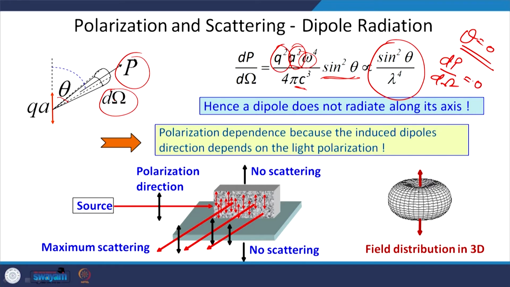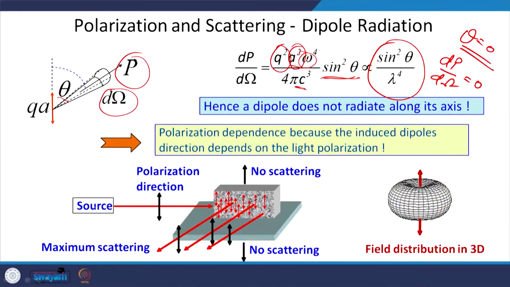That means the dipole does not radiate along its axis. The maximum radiation comes along the perpendicular direction, that is 90 degrees. So, there is polarization dependence, because the induced dipole direction depends on the light polarization.